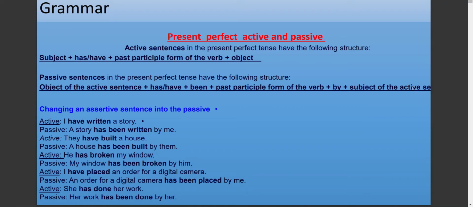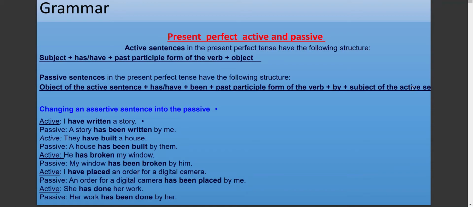Right, so here we have two types of passive voice sentences. These sentences about present perfect, active and passive. So we have form صيغة for active sentences للجملة المبنية المعلوم and then also we have form of passive sentences.